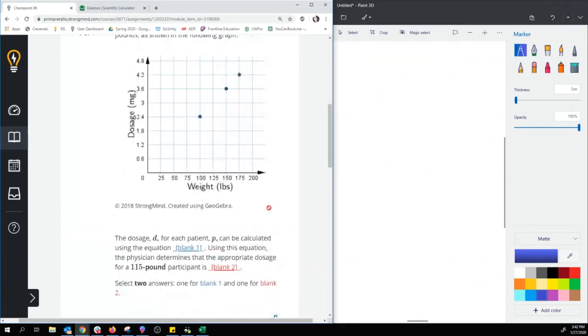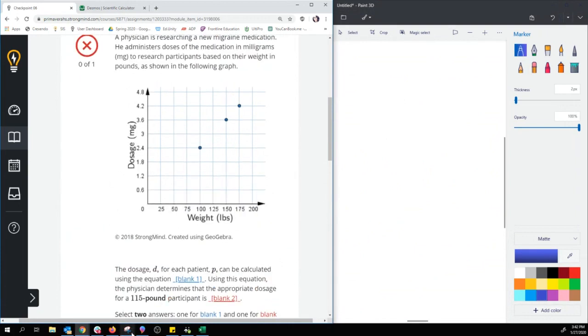All right. So here we have our dosage D for each patient P can be calculated using the equation blank. So again, we need to find the unit rate of our graph. If I choose this first point here and follow it all the way down, what is my x coordinate?